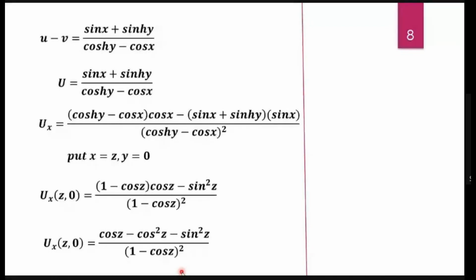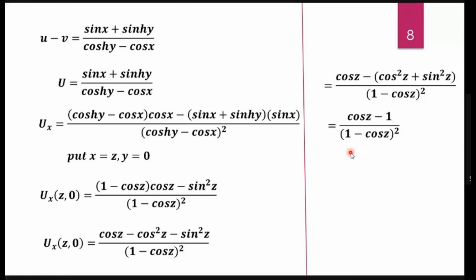I'll combine the second and third term by taking the minus sign common. So cos z minus of cos square plus sin square upon 1 minus cos z the whole square. Cos square plus sin square will become 1.